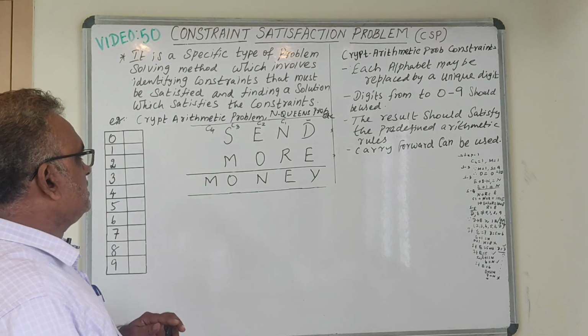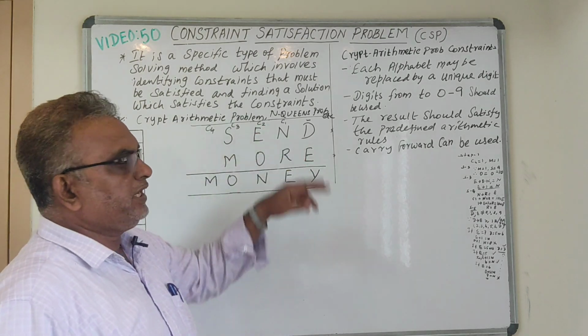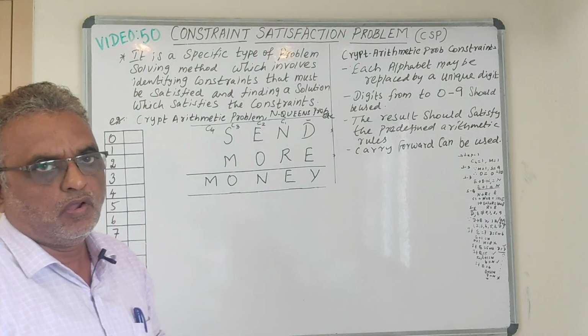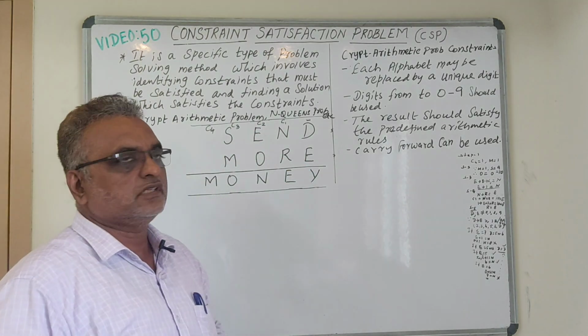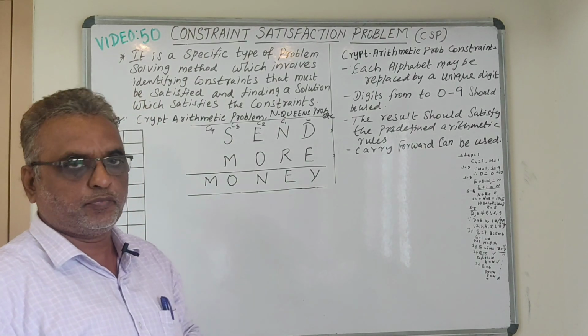There are so many examples available: the cryptarithmetic problem, the n-queen problem, etc. All these are CSP type of problems, that is, constraint satisfaction problems.